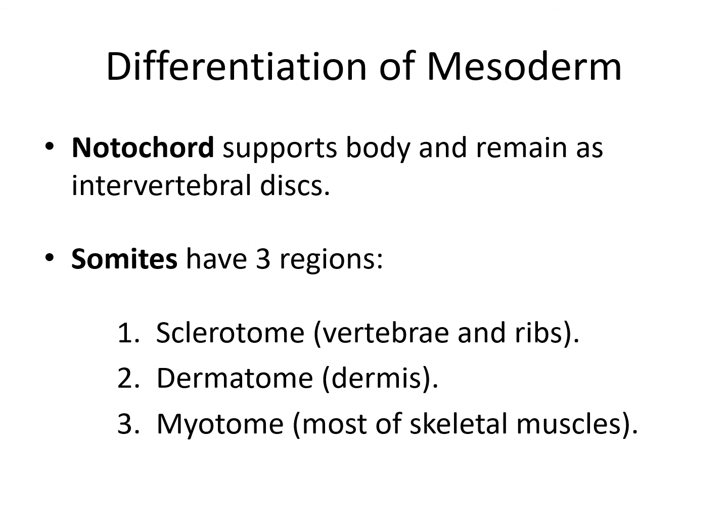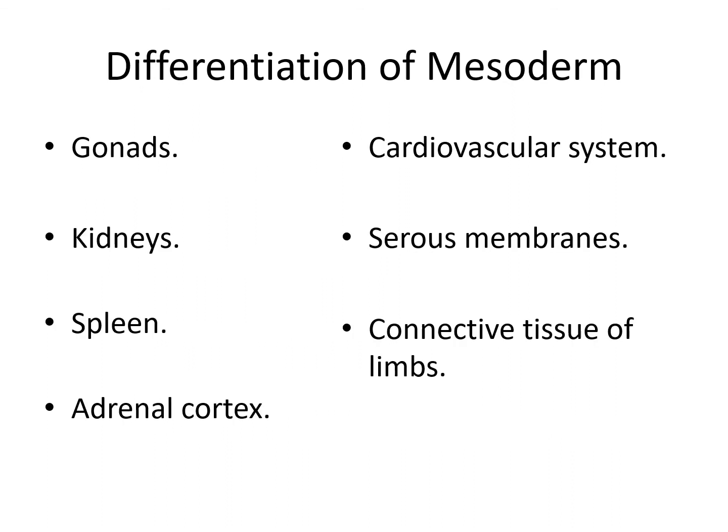The epidermis was the ectoderm, and the mesoderm produced the dermis. Okay, here are some other structures produced by the mesoderm. The gonads, or reproductive organs, kidneys, the spleen, the adrenal cortex, the cardiovascular system, serous membranes, and also connective tissue of the limbs are developed from mesoderm.